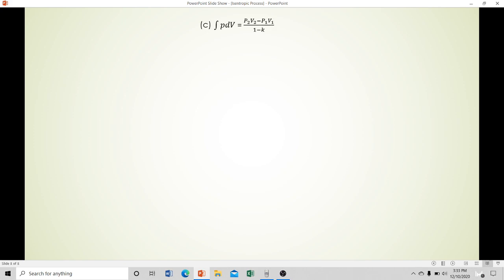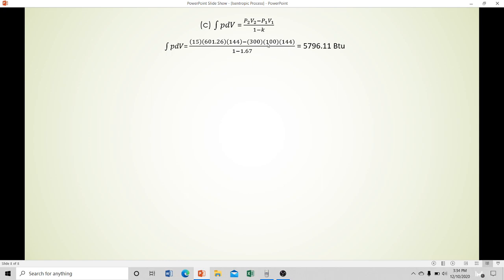So for C, for the non-flow work, we have this formula: P2V2 minus P1V1 over 1 minus K. We just substitute the values from the given problem. We have 15 times 601.26 times 144 minus the 300 for the pressure times 100 for the volume times 144.